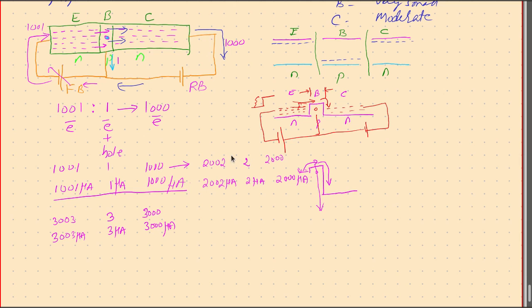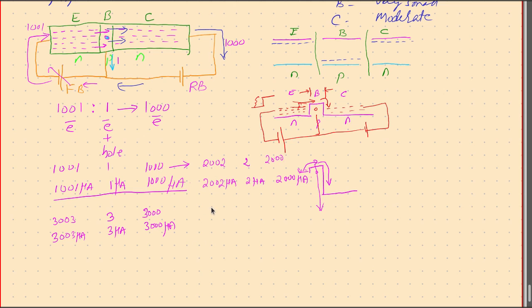If you just keep looking at it, one thing is very clear: this 1 is to 1000 ratio is always being maintained. If this is 1, this is 1000. If this is 2, this is 2000. If this is 3, this is 3000, and so on.